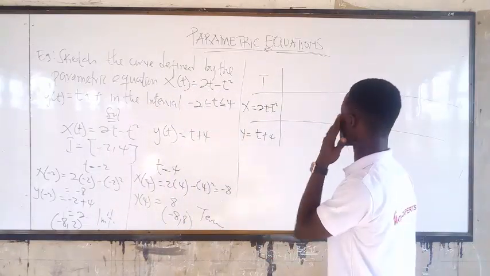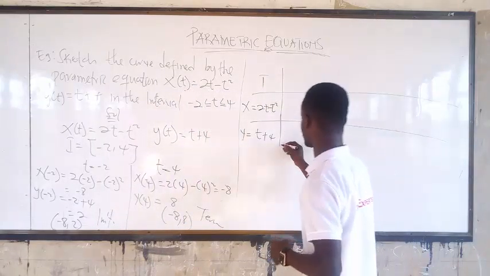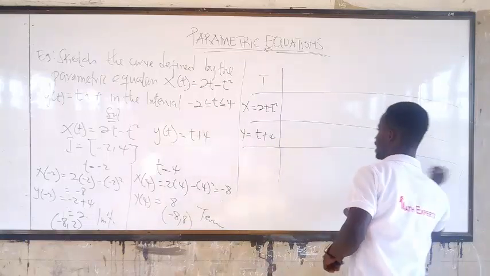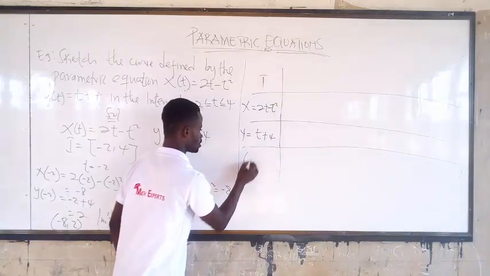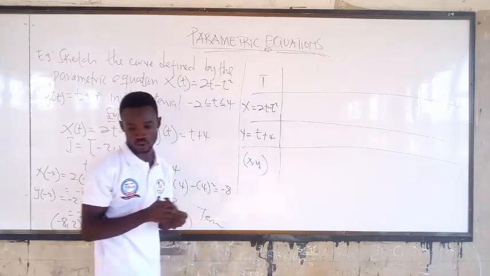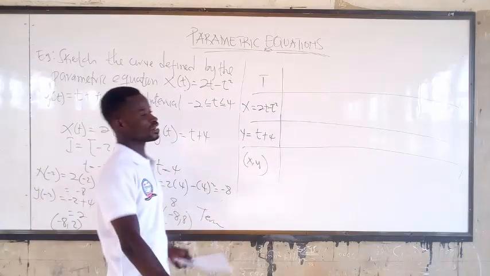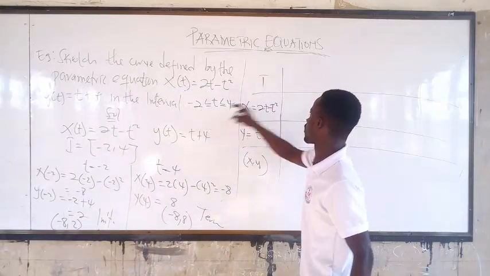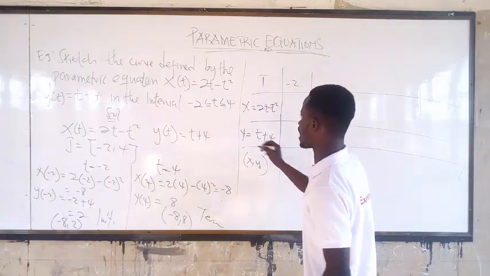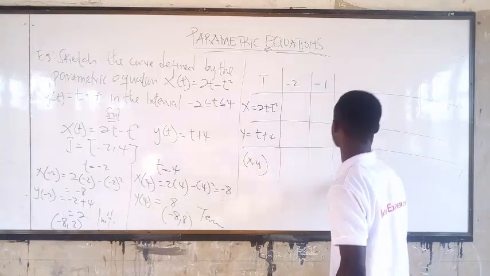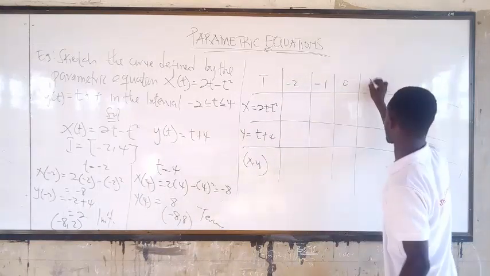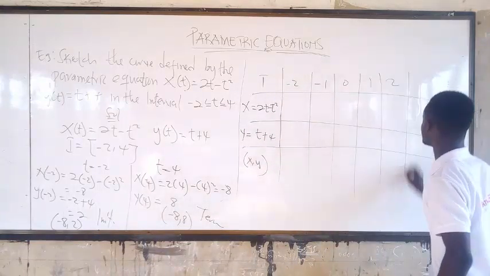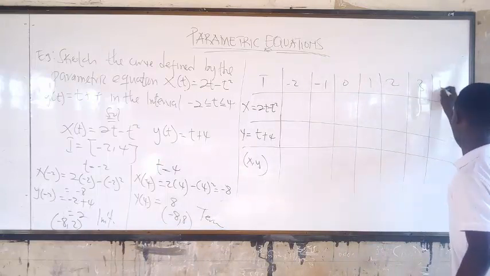Alright, so now this is what we are going to do. Lastly, we have to be getting a point of x, y. Take your calculator and let's go. So here, start from where? Negative 2. Then what will you go again? Negative 1, 0, 1, 2, 3, 4.